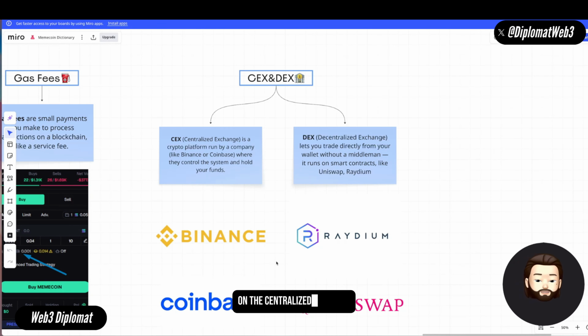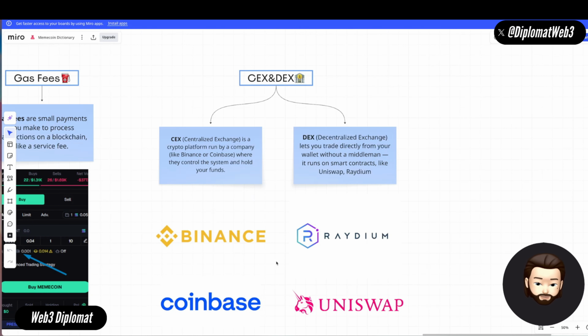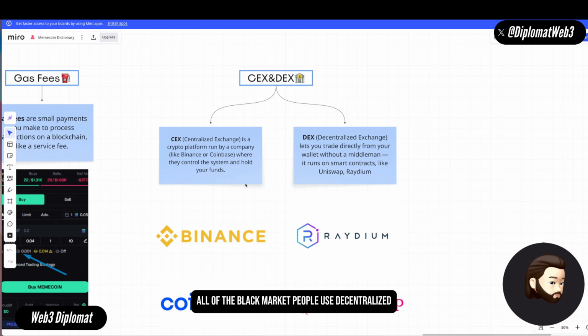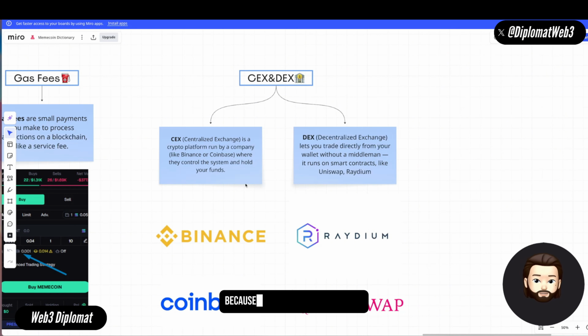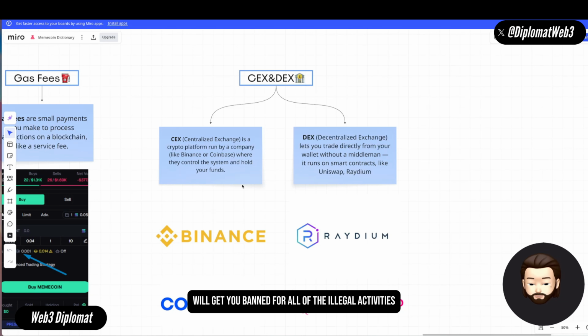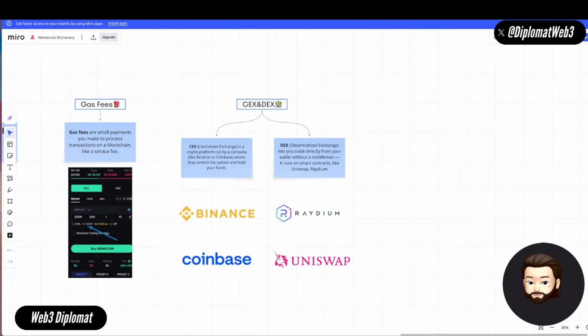Where on the decentralized exchange, you're most of the time safer if you don't mess up yourself. So it's up to everything. Usually all of the black market people use decentralized because the centralized exchanges will get you banned for all of the illegal activities and etc.